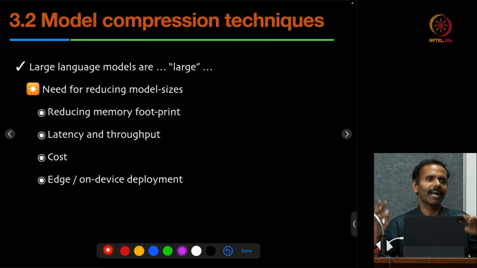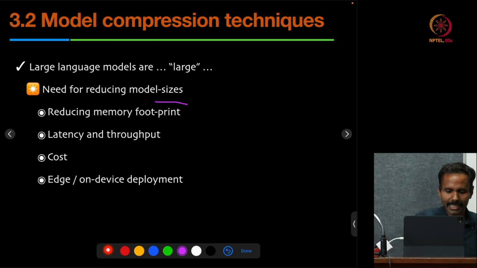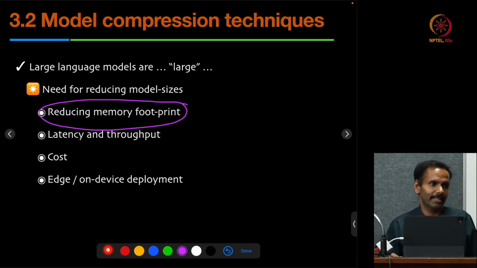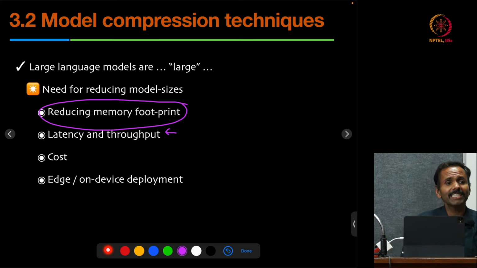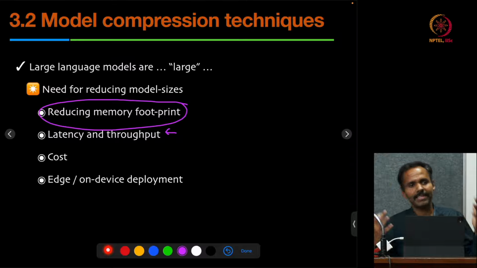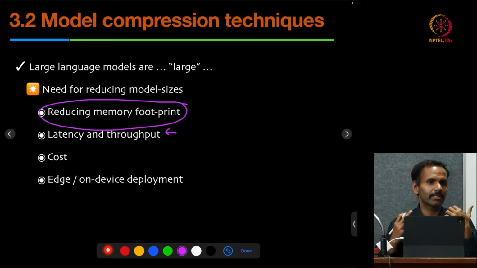While you can largely say that LLMs are implicitly large already, why do I need to reduce that? You could be operating in a reduced memory, reduced context length setting. You could be operating in a regime where latency is an issue. I can put in very large models, I don't have compute issues, but I want the response to be very quick, right?